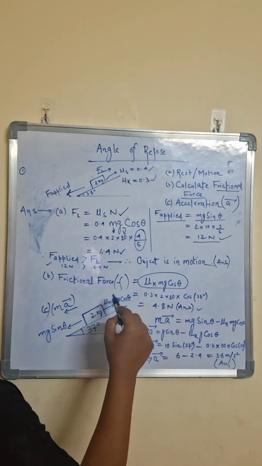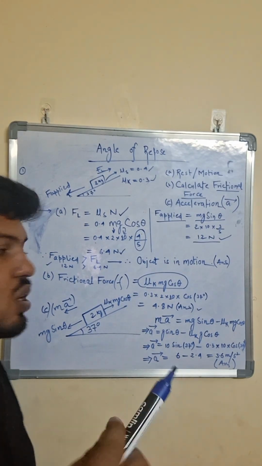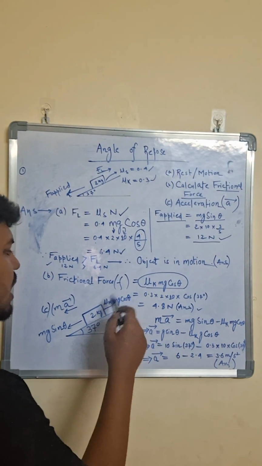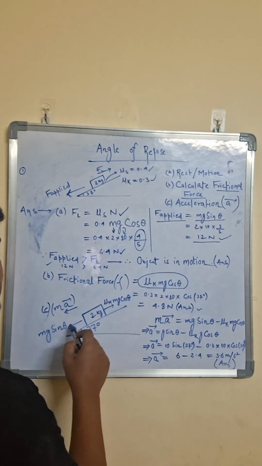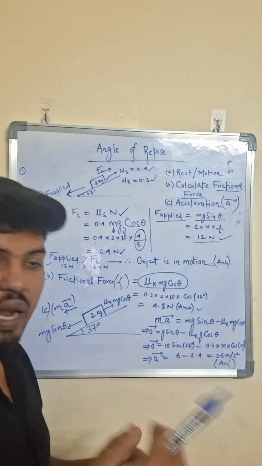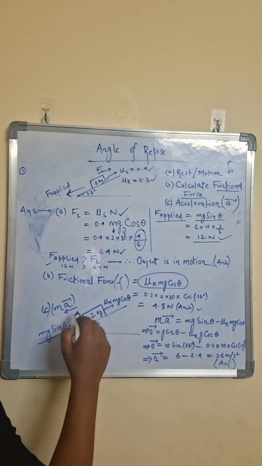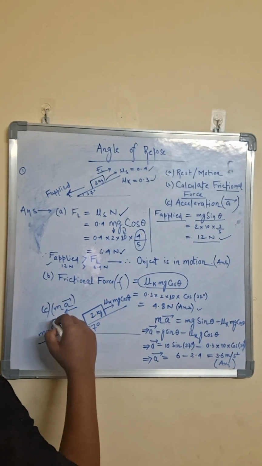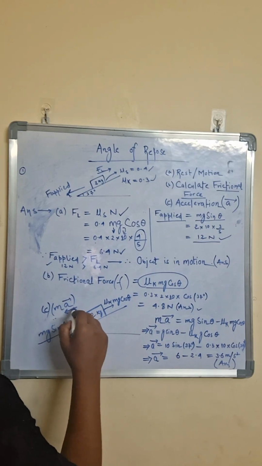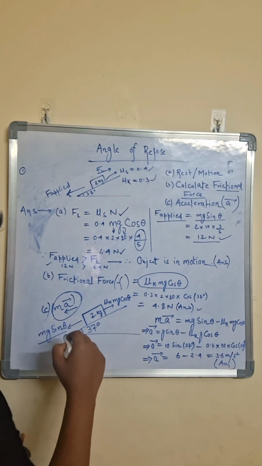This is the frictional force that we got, the kinetic frictional force. Now mg sin theta will act to help the block to slide. So it is written here and an acceleration of a will be there and it is written as ma.